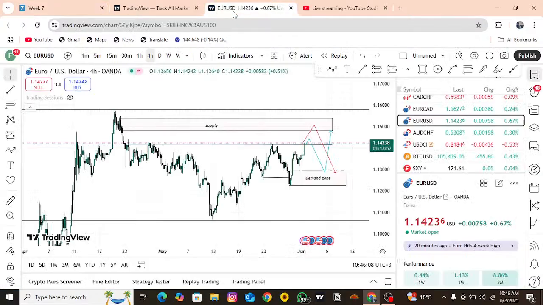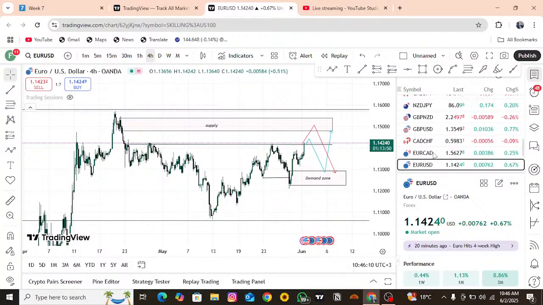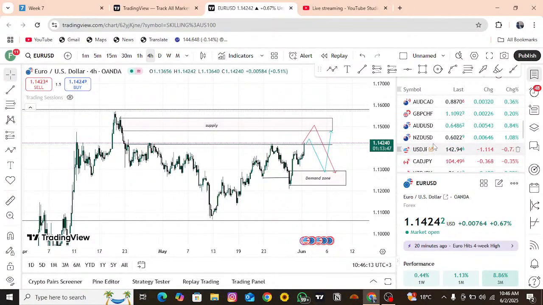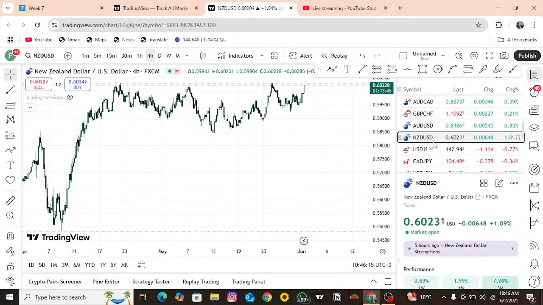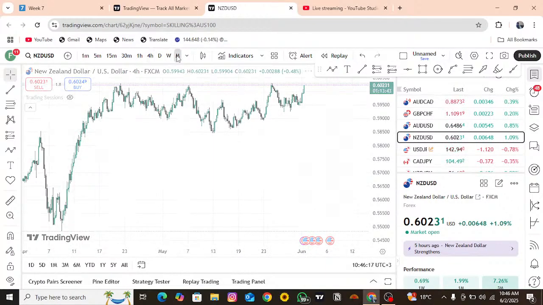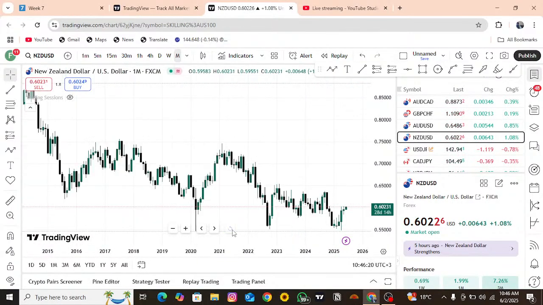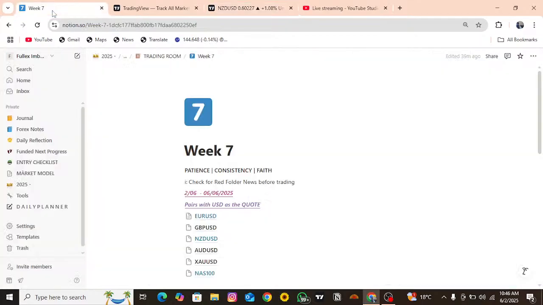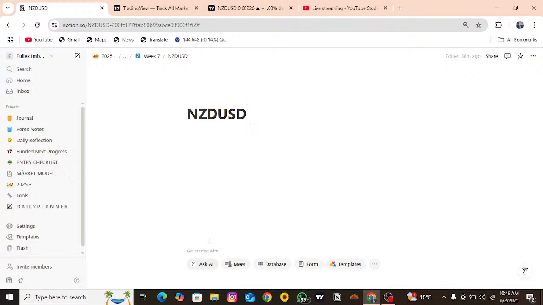And again, we start from the monthly, as always. Now, depending on your experience in the market, analysis can take from 5 minutes to an hour per pair.